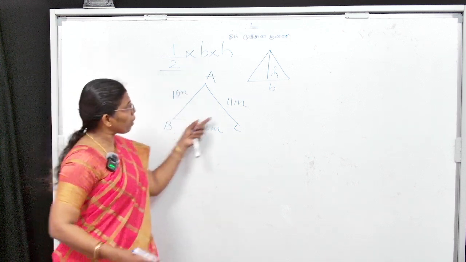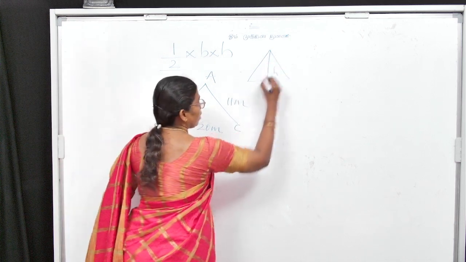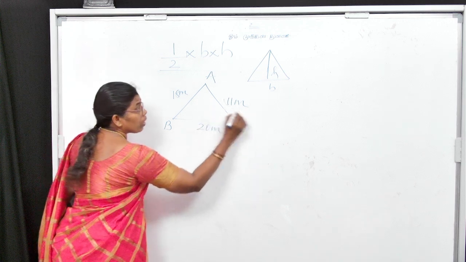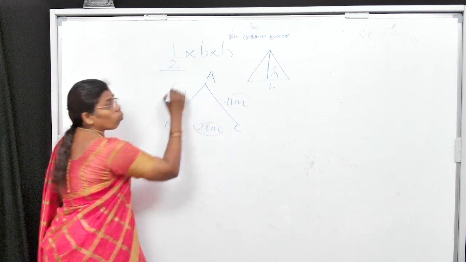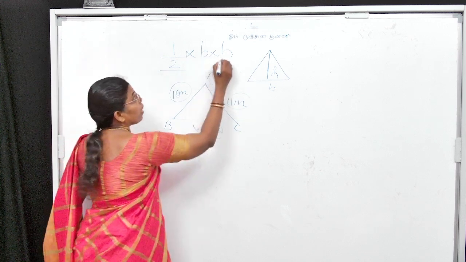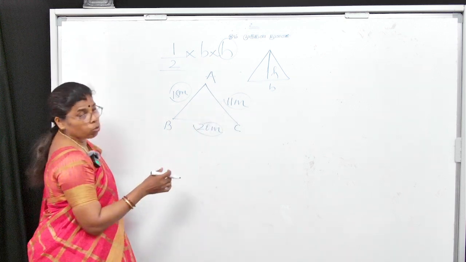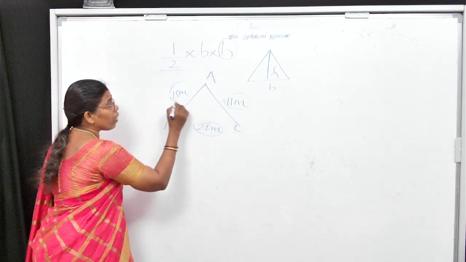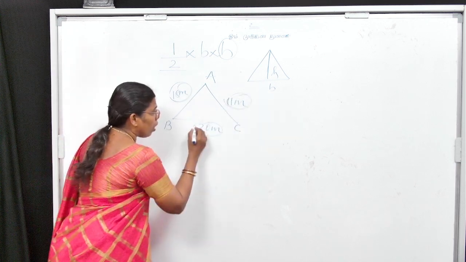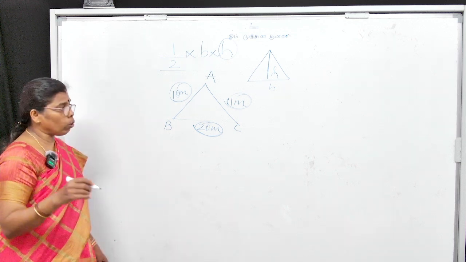When I compare these two triangles, here I know the base and height, but here I know only the three sides. So what is missing? Yes, height is missing. Height is very important for the area of the triangle, but here it is missing. So when three sides are given, how to find the area of the triangle is the concept you are going to learn today.